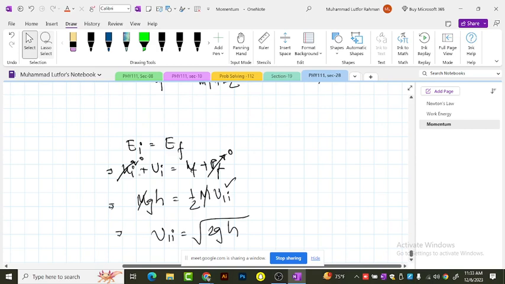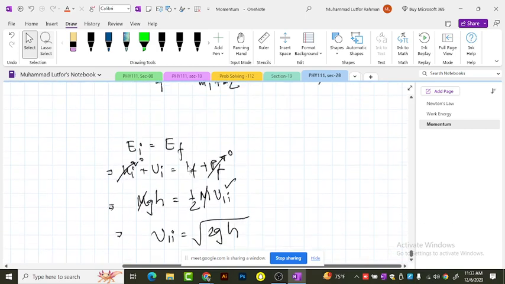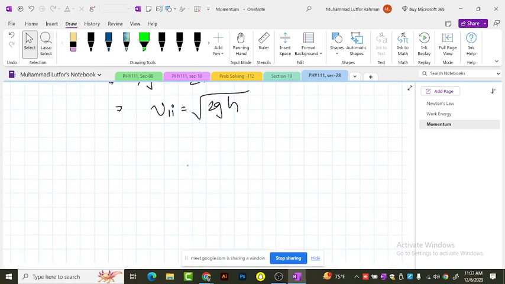right? Now I can plug in those parts actually into this equation. If I include that part, what I'm going to get from these two equations, right? I write it over here. So v1f, I have that v1f, which is (m1 minus m2) divided by (m1 plus m2) into v1i.